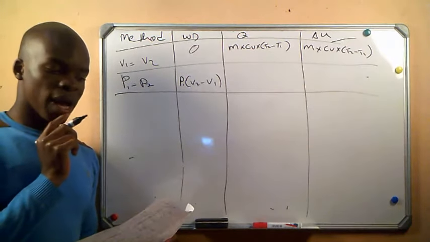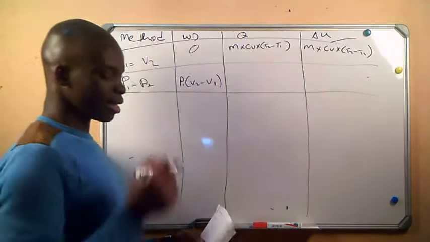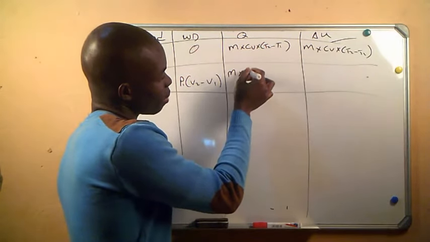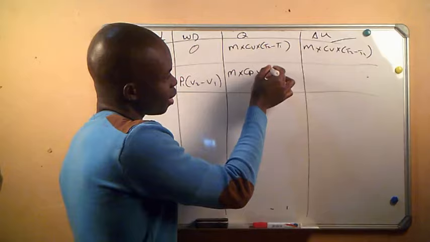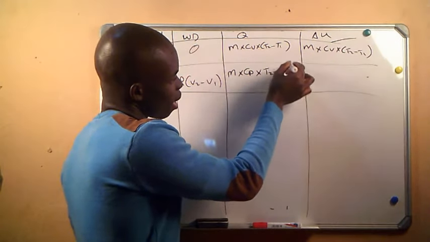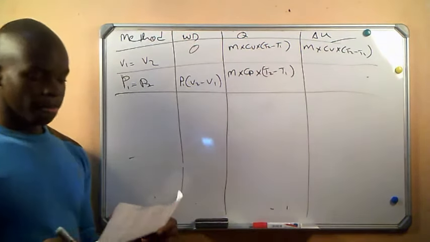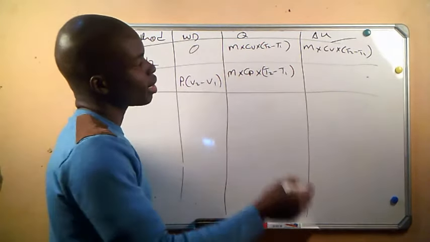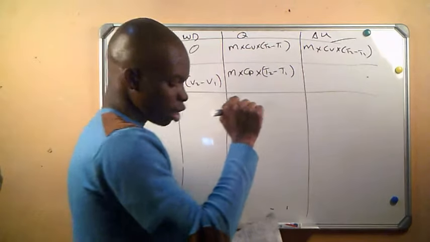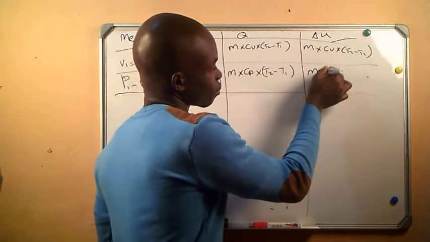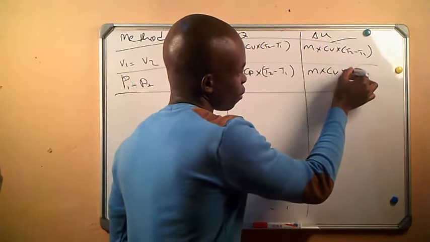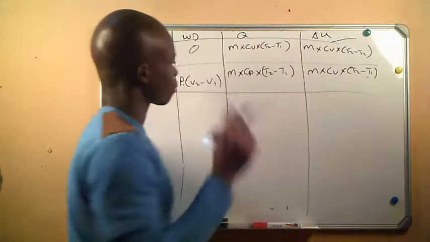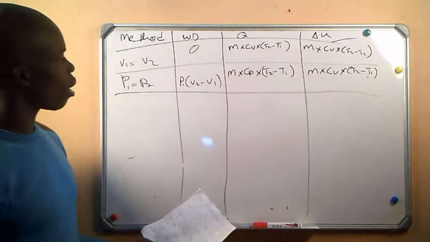Then our heat added or heat rejected will be given by m times Cp times change in temperature. And our change in internal energy will be given by the same formula as before, with T2 minus T1. That is our method number 2.